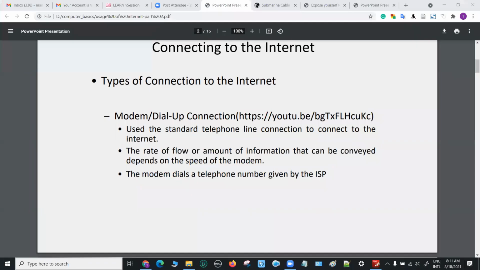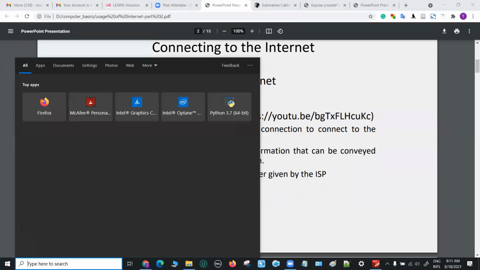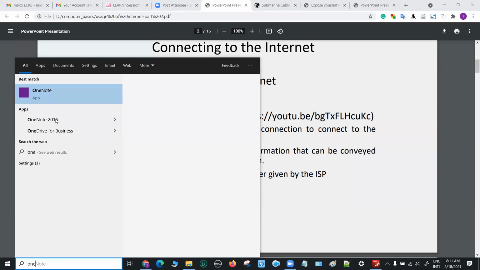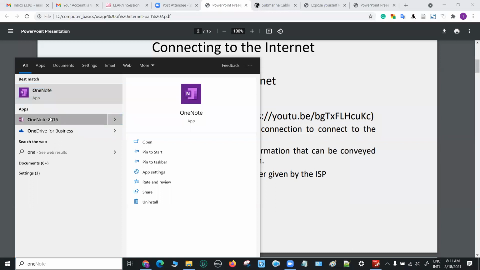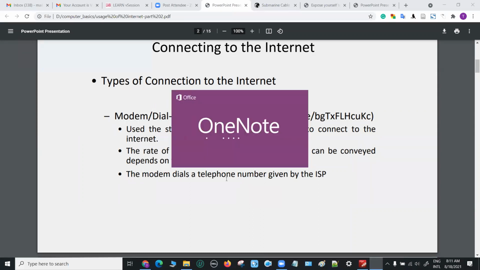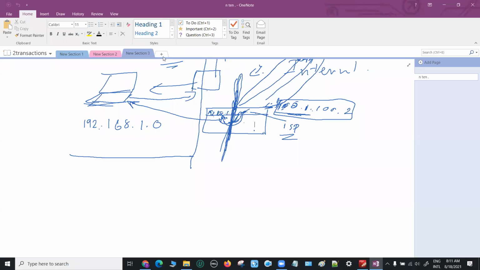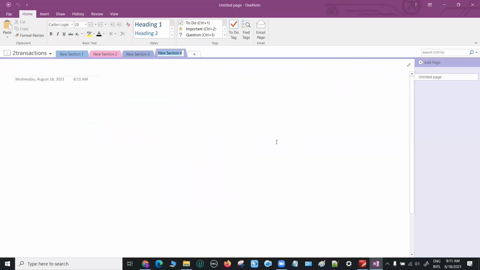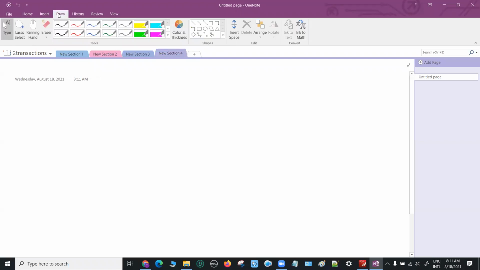I need my OneNote. So a dial-up connection is a connection like this.